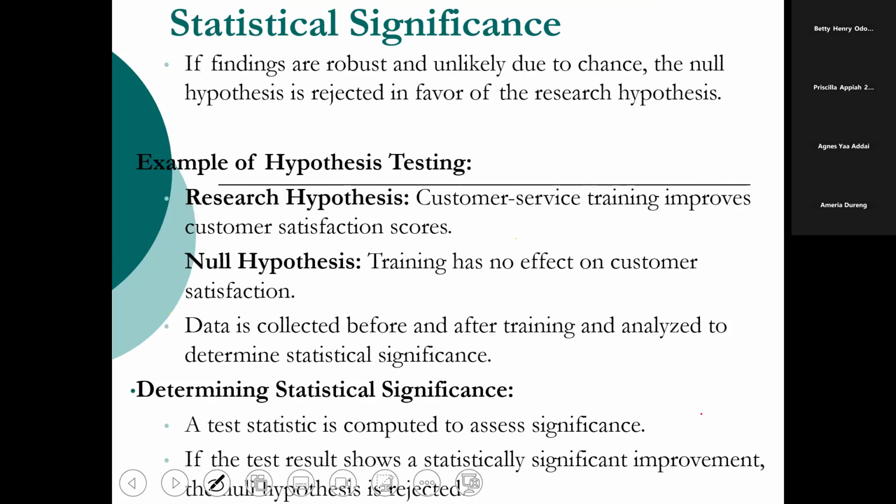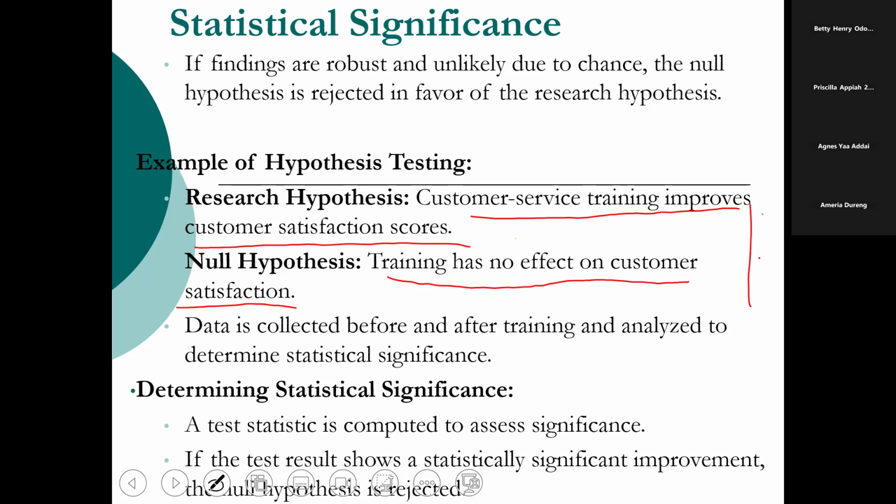Now, for us, we can have an example. Customer service training improves customer satisfaction score. That is a research hypothesis. The alternative hypothesis is saying training has no effect on customer satisfaction.